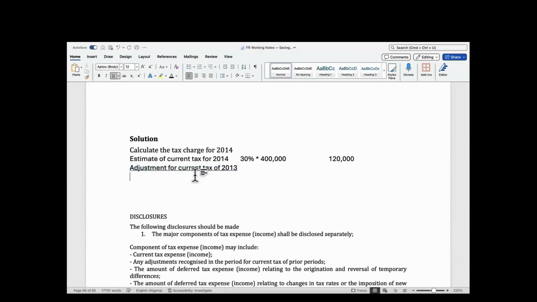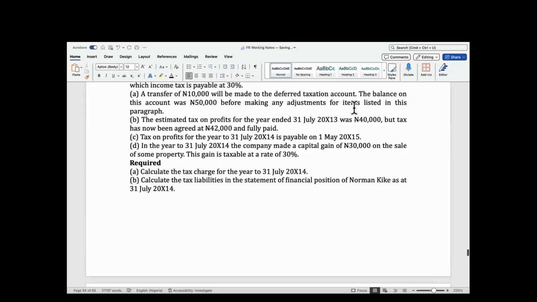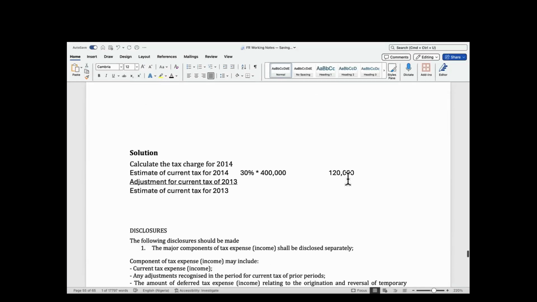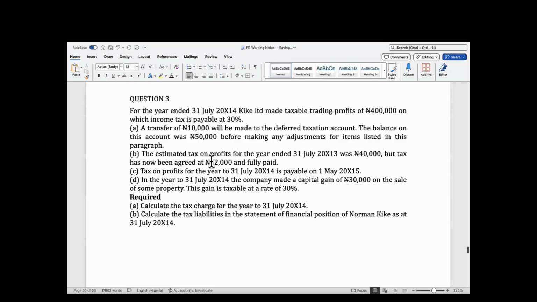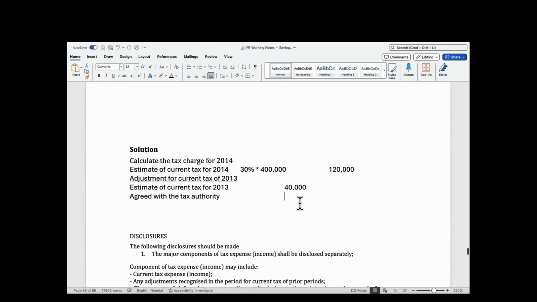The estimate of current tax for 2013 was 40,000. The amount agreed with the tax authority was 42,000.